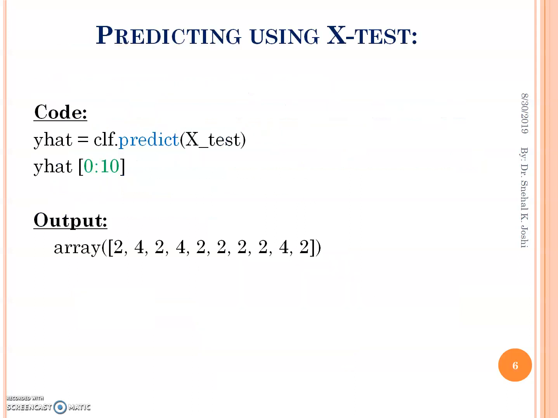So, let us look at the code. We obtain Y hat, that is the prediction for our feature set X-test. We display the first 10 results of Y hat. You can see the first 10 sample results of Y hat. Now it's time for us to check the accuracy.